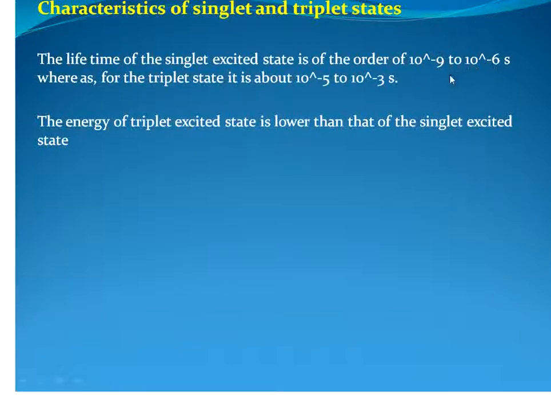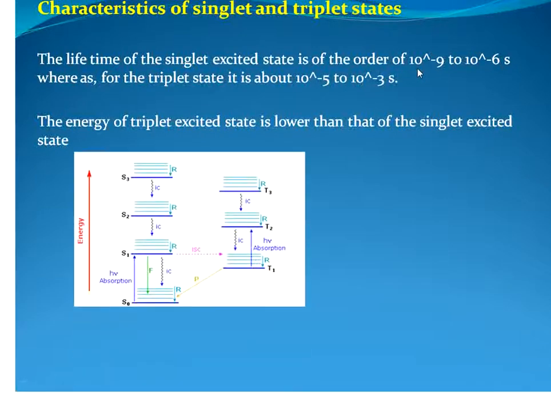The lifetime here is very small compared to this, so the singlet state is less stable than triplet. If it is less stable, it means the singlet state is at a higher energy level, while the triplet state is at a lower energy level because it is a bit more stable.